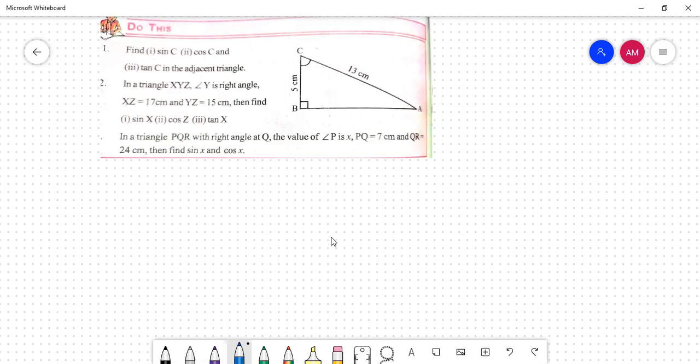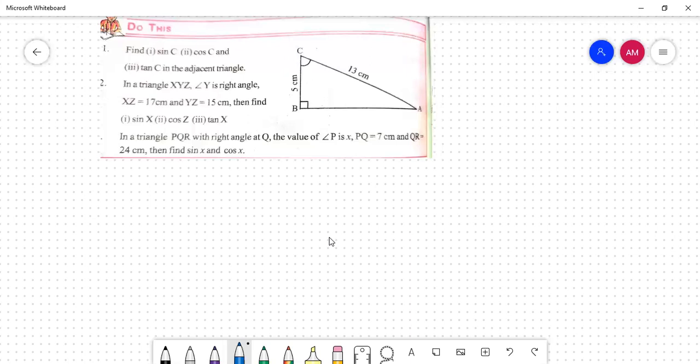Okay, let us take this for assignment. They have given a right angle triangle. They gave PQ and QR. How many sides they gave? Two sides. So what is the first step? Pythagoras theorem. By applying Pythagoras theorem, we have to find the third side. If all three sides are known, it's very easy for us to find sin x and cos x.